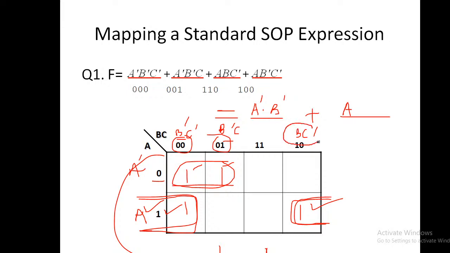So what is common between this one and this one? C bar is common. Is it clear to you now? Or shall I repeat? So the previous 3 pairs we have taken, that is fine, but that is not the correct answer, because I have taken the ones twice. And that function can even be reduced if I take it like this.